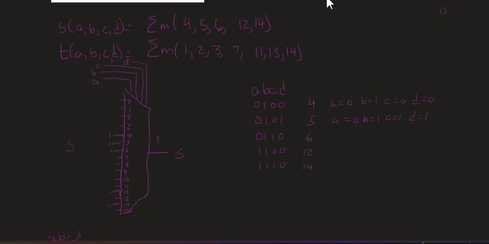so bit 0, 1, 2, 3, 4, 5, 6, 7, 8, 9, 10, 11, 12, 13, 14, 15. So I would make the fourth bit 1, the fifth bit 1, the sixth bit 1, and 12 and 14, and everything else 0.